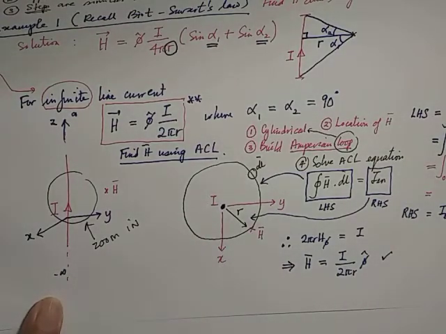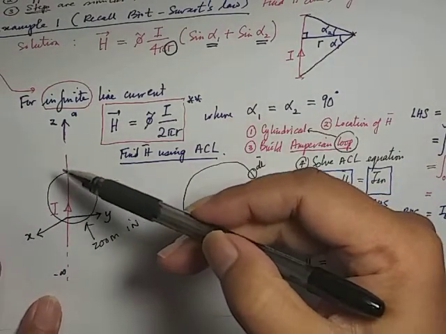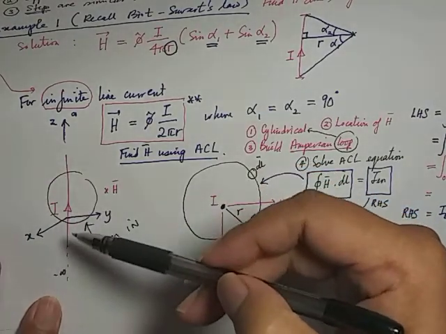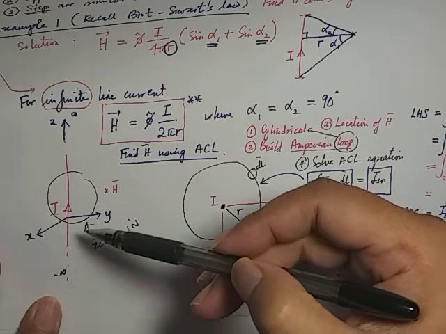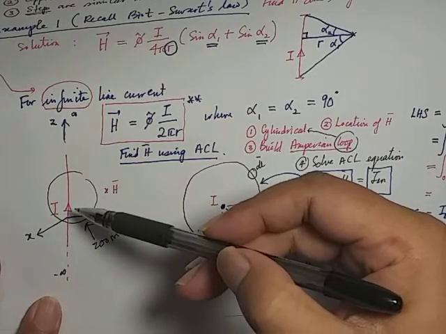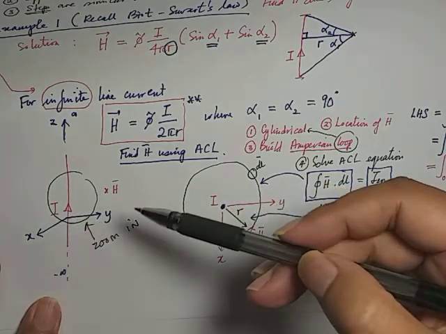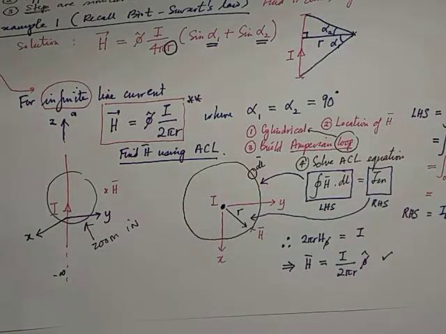From far away, we are going to see this particular current appear as a line. If we move closer to this line current, it is going to change itself into a volume current. So let's do that now. Example number 2.